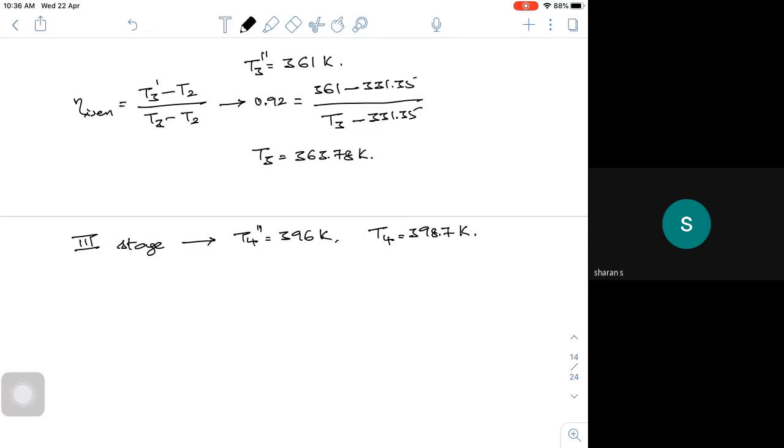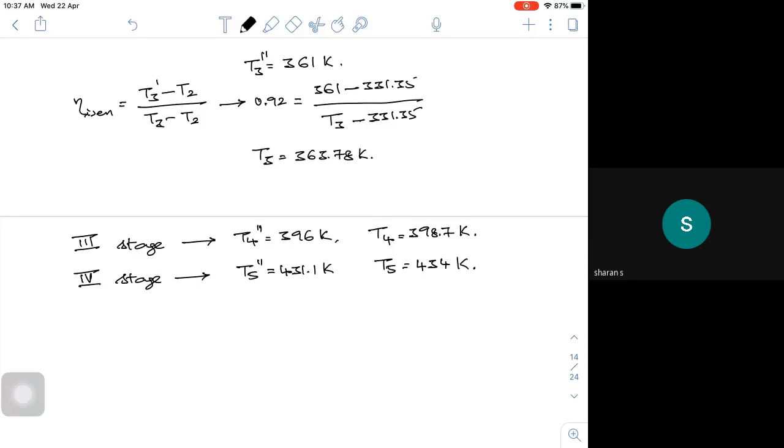398.7 Kelvin. And for the fourth stage, T5 double dash is equal to, I have done this calculation, so I am just writing the values, you can verify it. T5 is equal to 434 Kelvin.